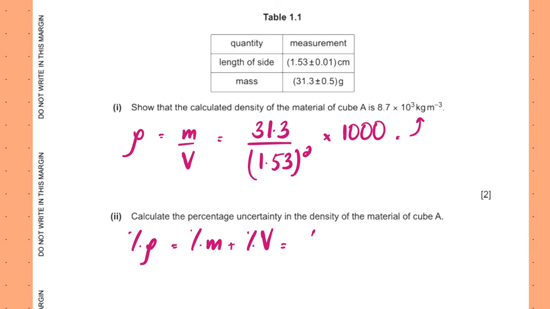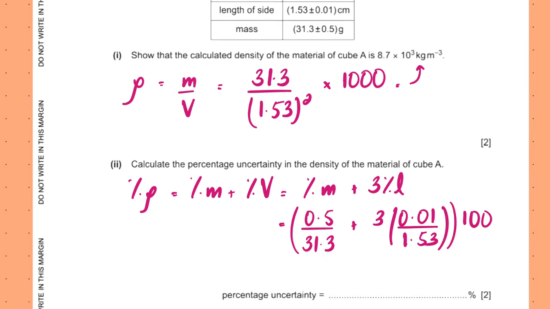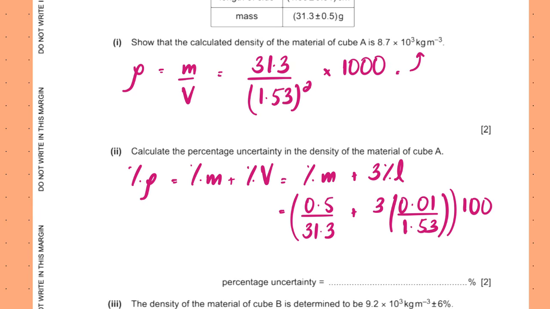And because volume is calculated from length, that's the percentage uncertainty in M plus 3 times the percentage uncertainty in L. So M is 0.5 over 31.3 plus 3 times 0.01 over 1.53. Because there was a times 100 with both, I can just factor that out as common. And then the percentage uncertainty turns out to be 3.56.